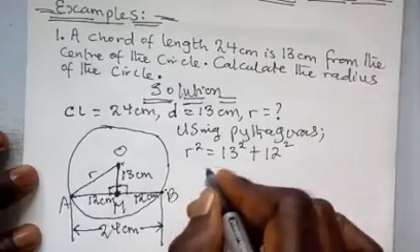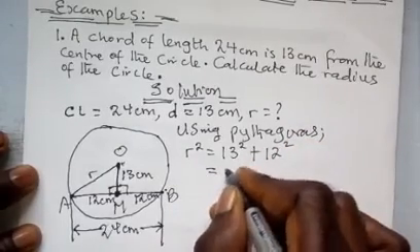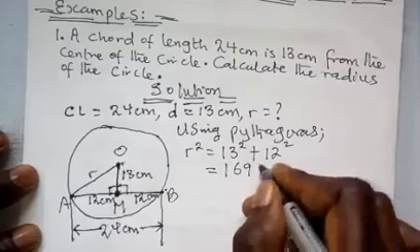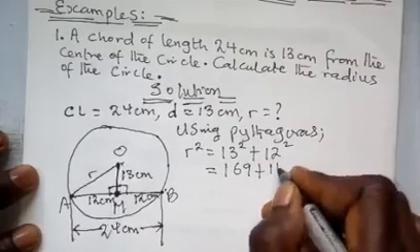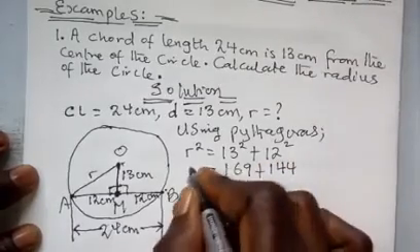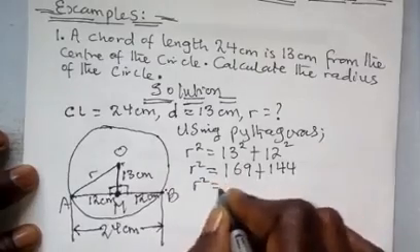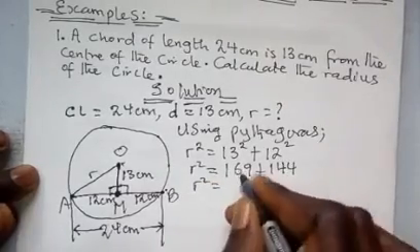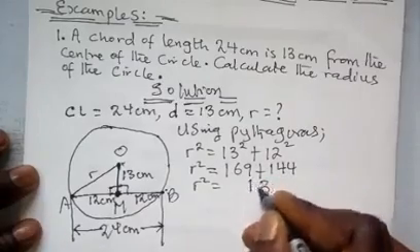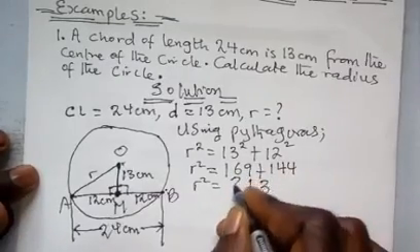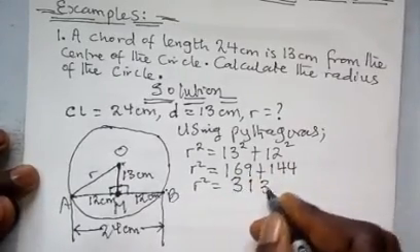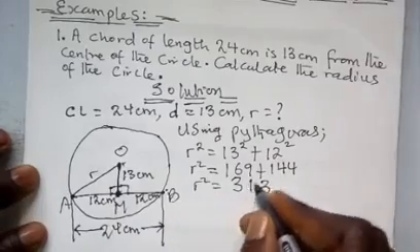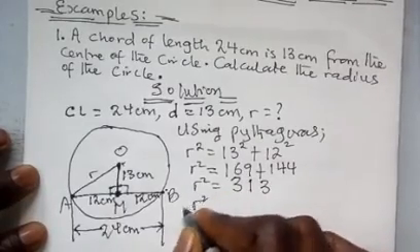All right, so over here we are having 13 squared as 169, then plus 12 squared is 144. Then our R squared will eventually become, if we add up this, 9 plus 4 is 13, carry 1, 6 plus 4 is 10 plus 1, 11, 1 plus 1 plus 1 will give us 3, so we are having 313 centimeter squared.